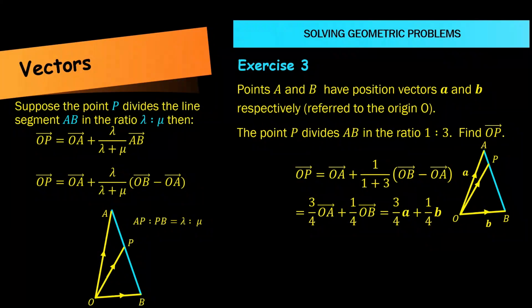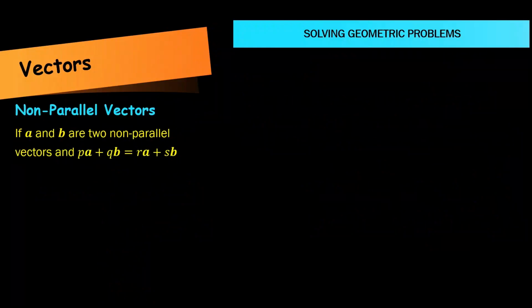Now let's take a look at some theory relating to non-parallel vectors. So if a and b are two non-parallel vectors and pa plus qb equals ra plus sb, then we have that p equals r and q equals s.